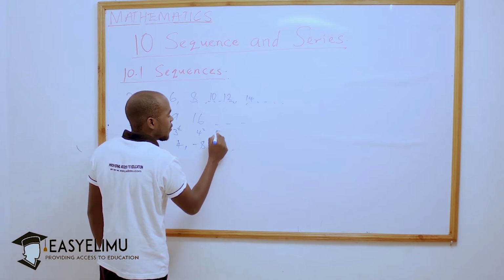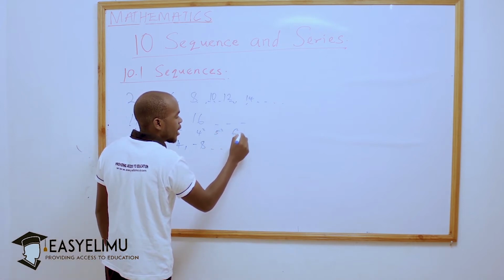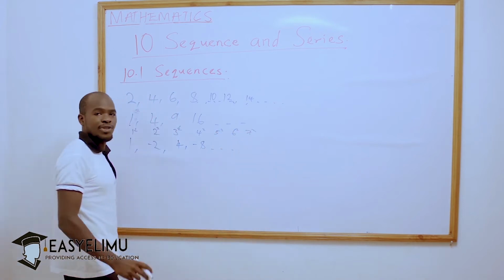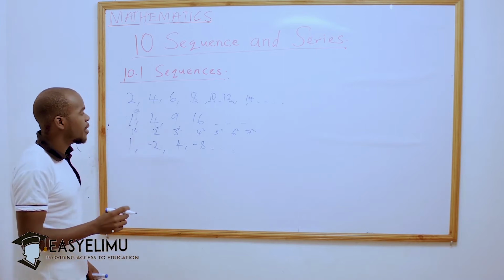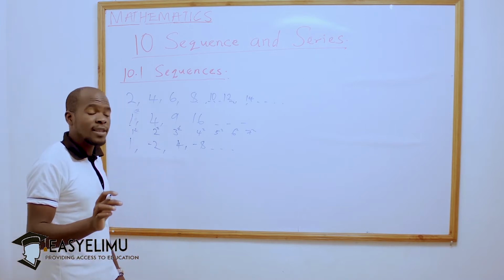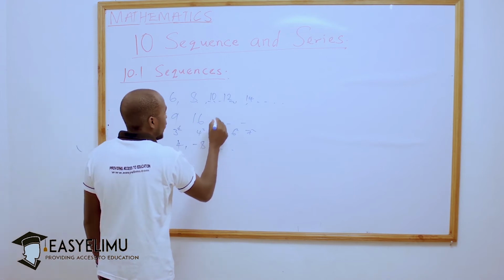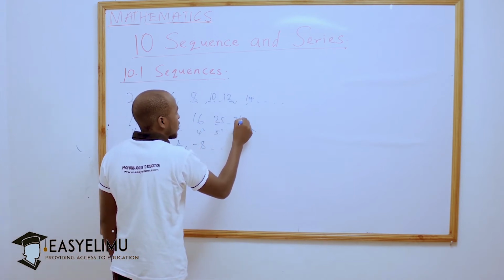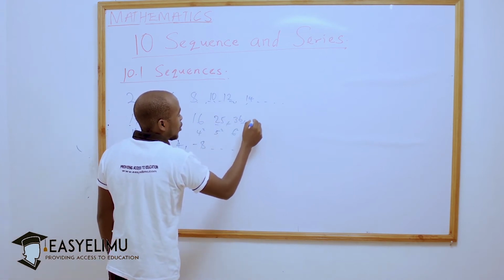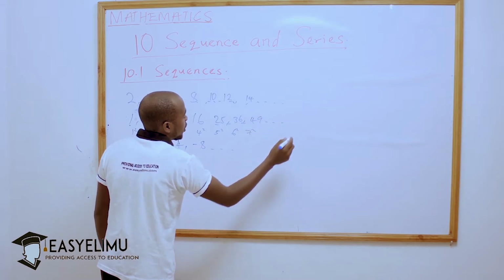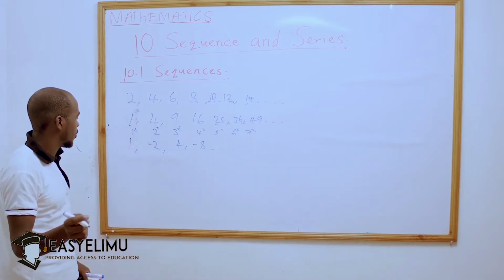The next one will be 5 squared, then 6 squared, 7 squared, as you move on. So prediction is still possible. We shall find 25, 36, 49, 64 and so on.